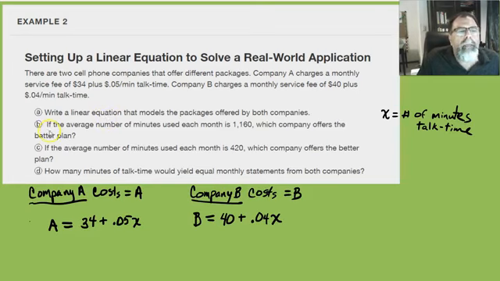All right, on to B. If the average number of minutes used each month is 1,160 minutes, which company offers the better plan?